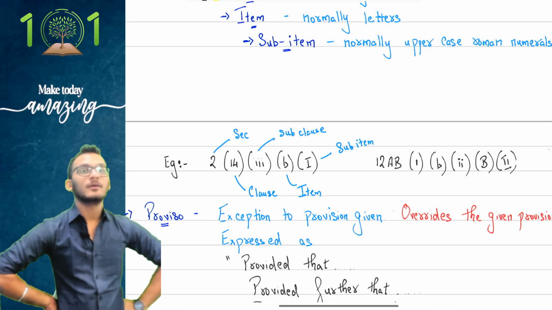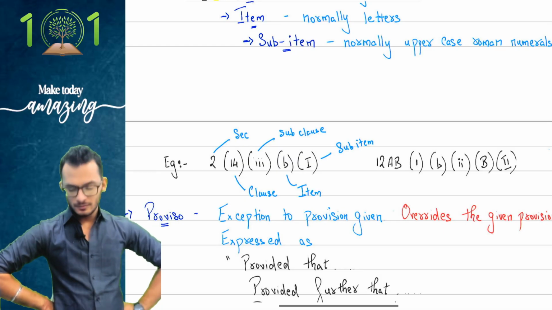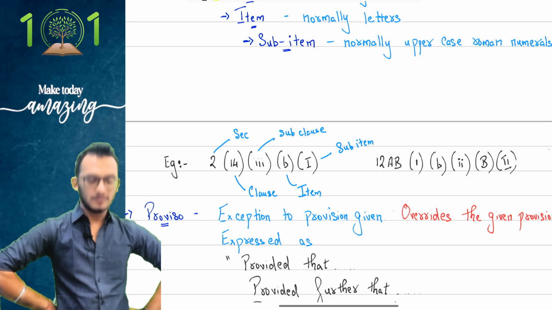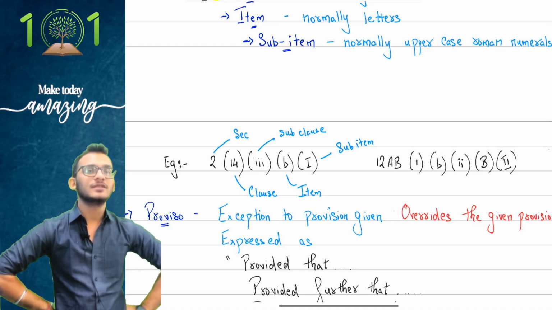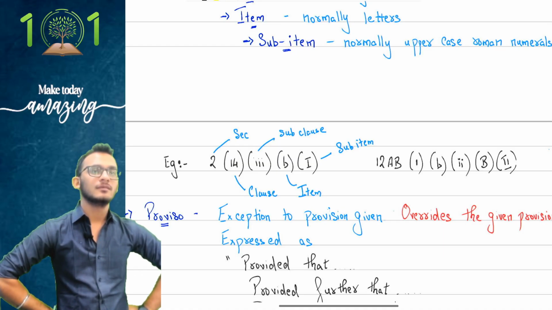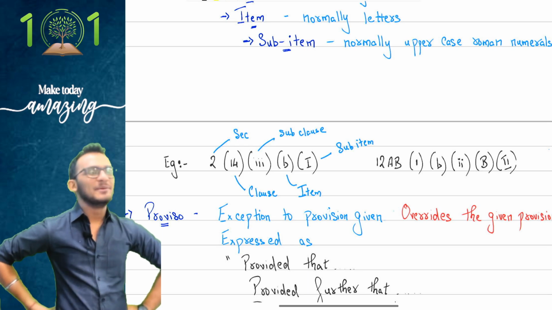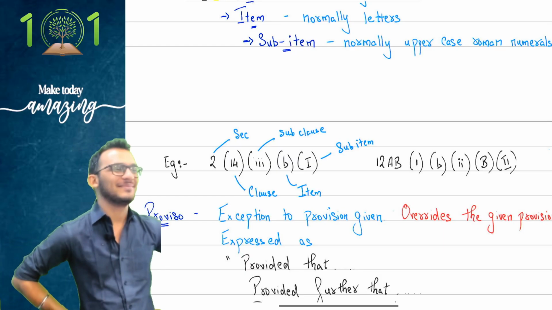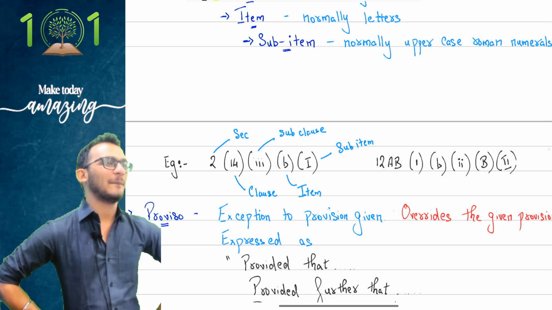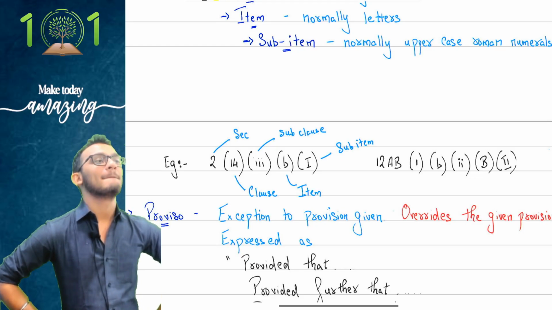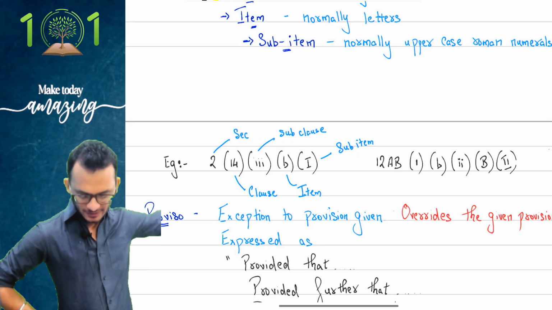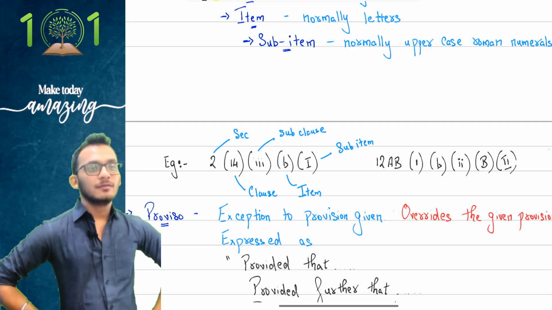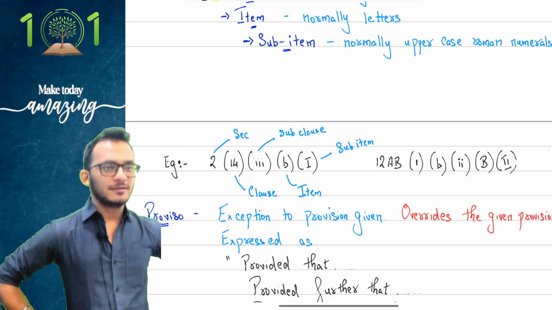Note it down. What happened? Why? After section 2 only a clause comes, right? People, what comes after section 2? The template is the same: section, clause, subclause, item, sub-item. That is correct. There can be exceptions.